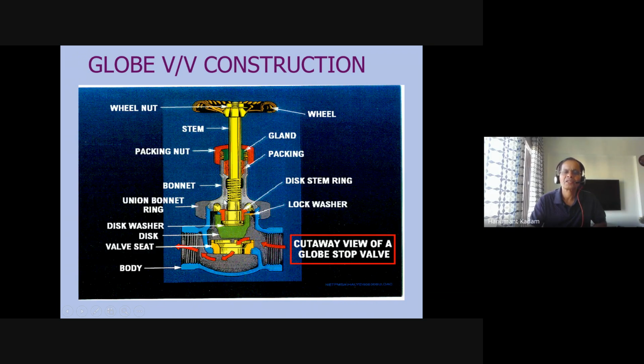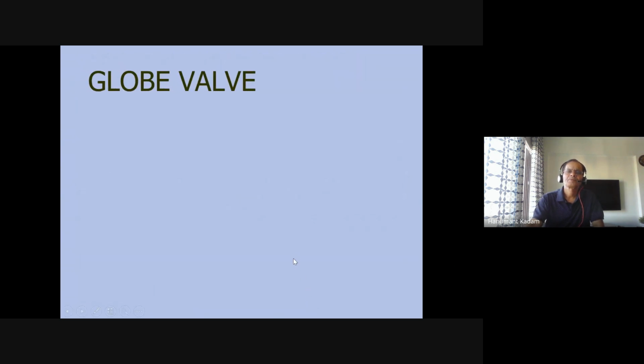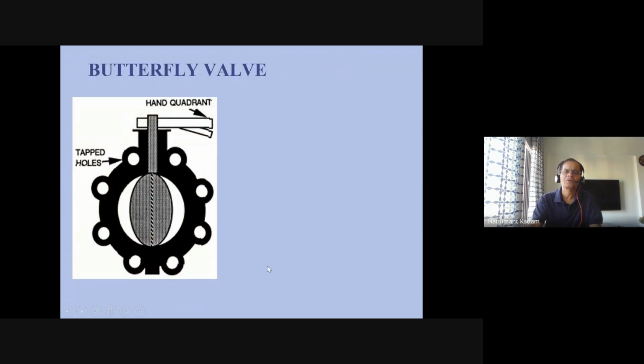This external part is a bonnet, and packing nuts, glands again. Packing here. Gland packing is there to avoid leakage of gas coming out. Stem, wheel nut, and this is a wheel. So globe valves are for regulation as well as on-off duty and throttling duties, with frequent operation.